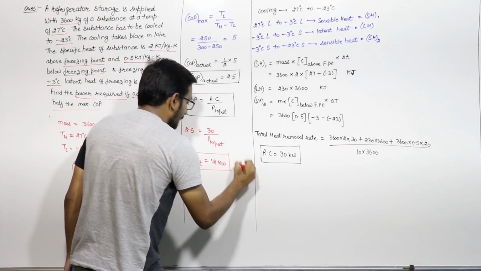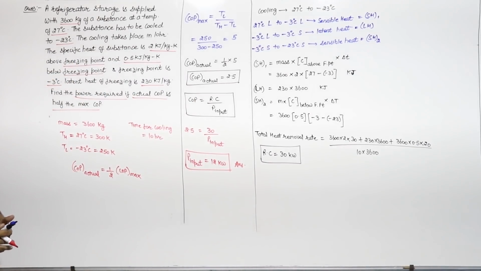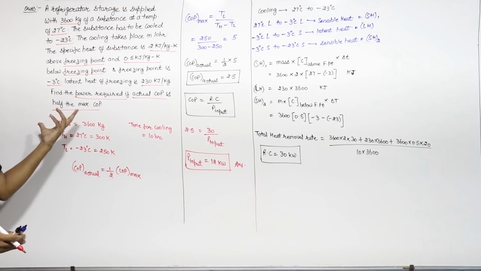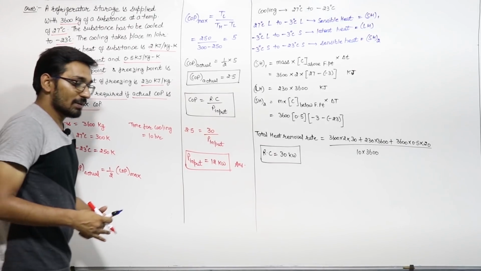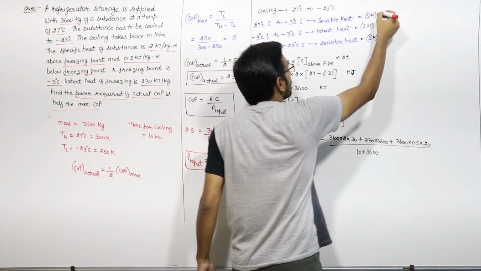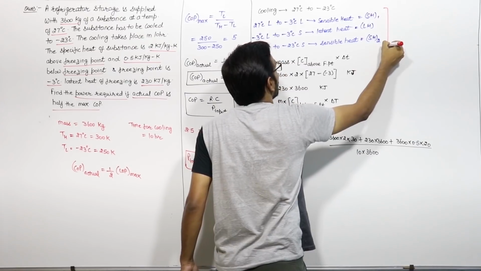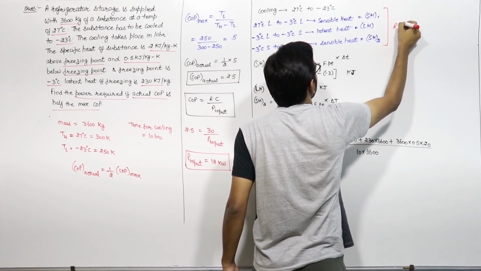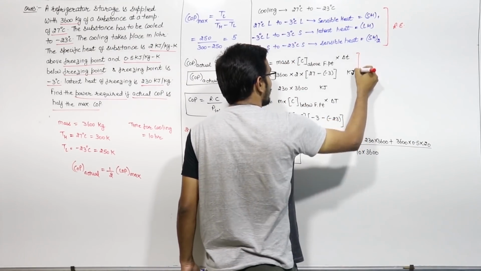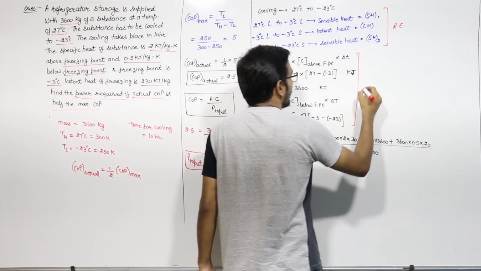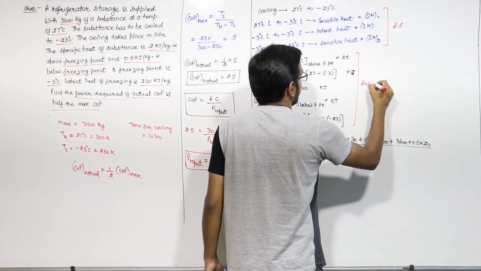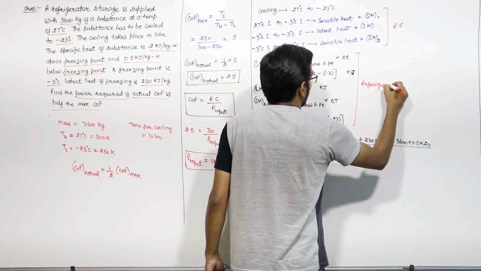This is your answer. Right, this is 12 kilowatt of power you require to run this refrigeration cycle. So the most important thing is to calculate the refrigeration effect. If I add these three, then this is the refrigeration effect, right?